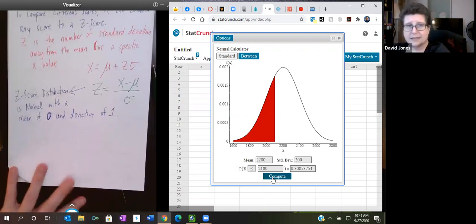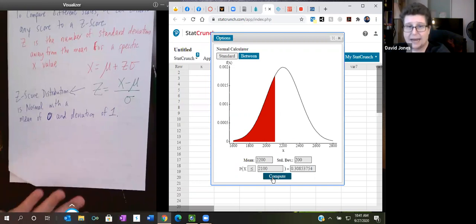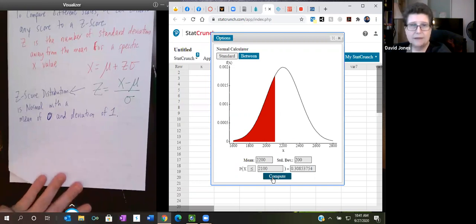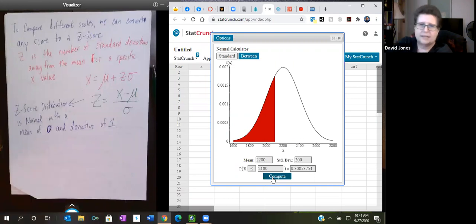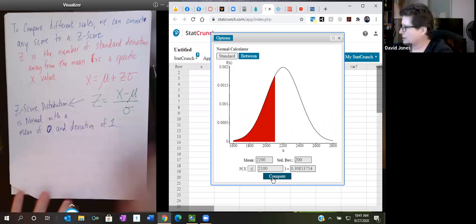This allows us to compare different categories. Maybe male giraffes versus female giraffes, or one giraffe relative to his kind versus an elephant relative to his kind, since they weigh different amounts. Which one's larger compared to his species? We could use z-scores.